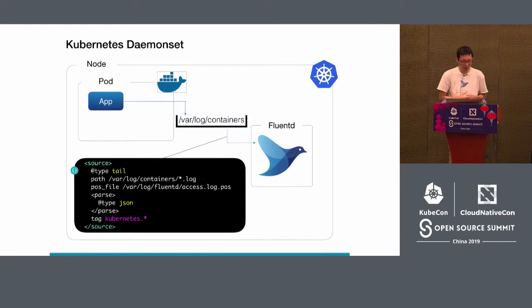So we need to use the tail input plugin and a parser plugin to collect data from the container logs in the Kubernetes environment. Our Kubernetes DaemonSet images use this setting to collect all the Kubernetes container logs and send the data to Kafka or something.